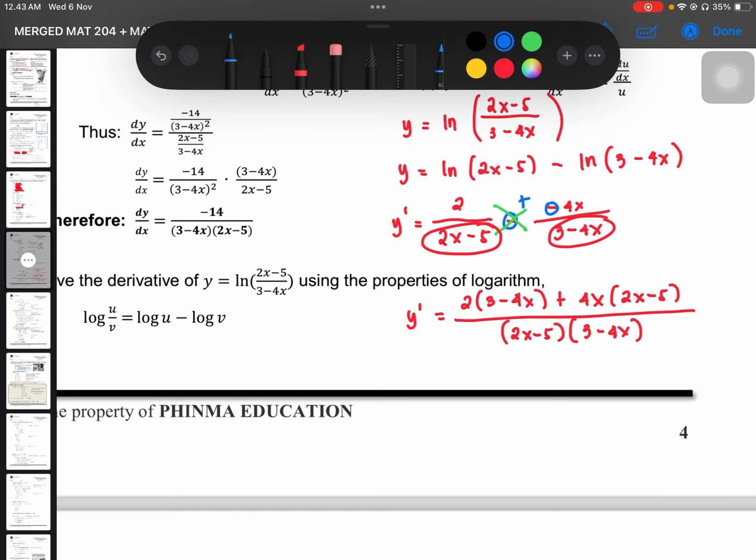So, we just distribute 2, okay? And then si 4x din, okay? Para okay siya. So, we will be having 2 times 3 is 6. Minus 2 times 4x is 8x. Plus 4x times 2x is 8x squared.